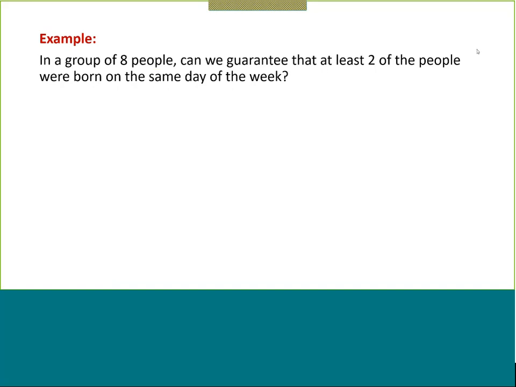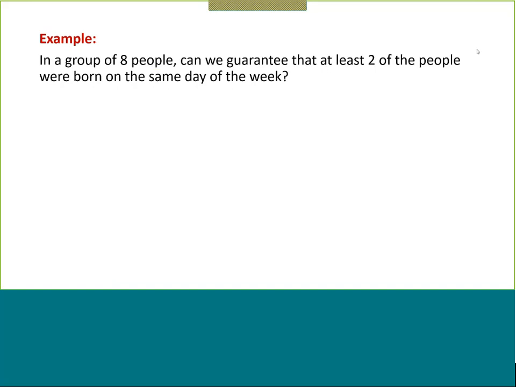You think it's possible that in a group of 8 people, you could guarantee that at least 2 of them, maybe more than 2, maybe exactly 2 of them, but they were born on, say, both a Tuesday? The assumption here is that you could figure out what day of the week they were all born on. This is actually a pretty classic question.